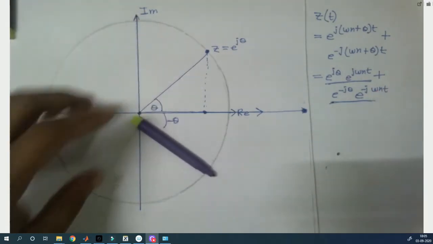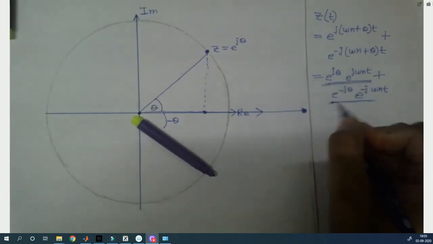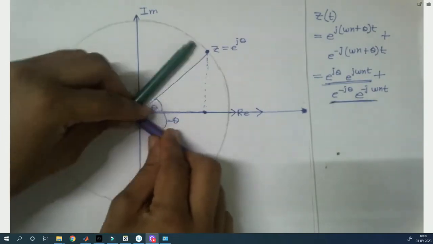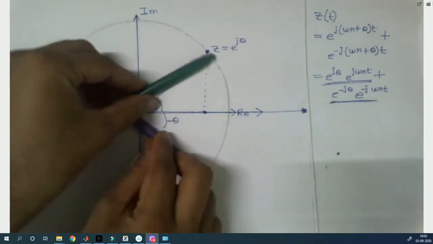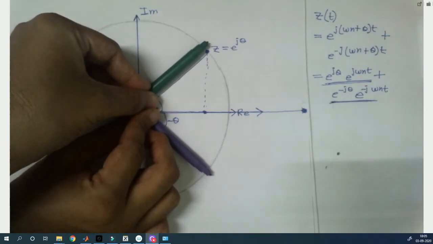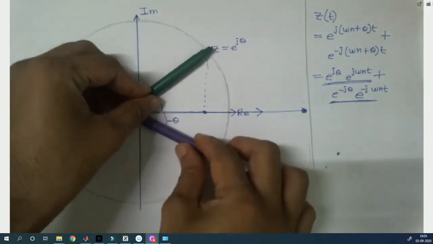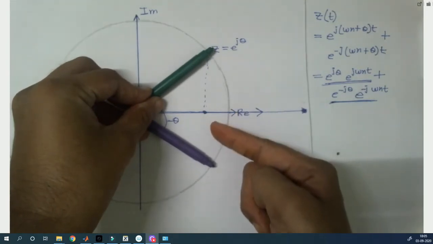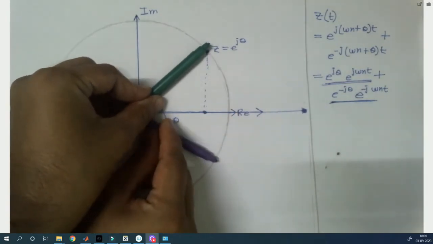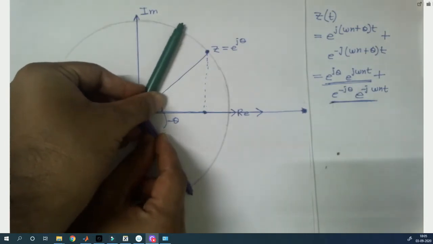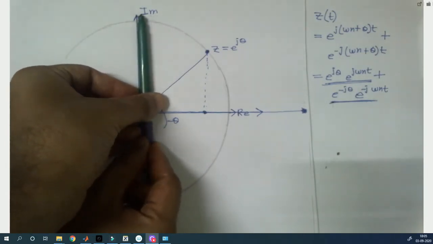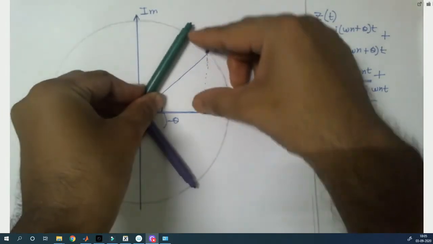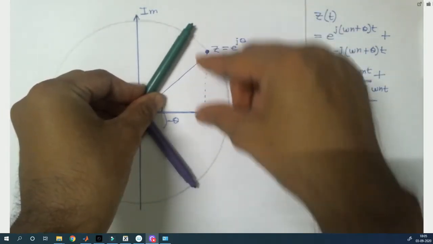So therefore this and this together, let me show them with 2 pens. They start from this position, one at an angle of theta, another at an angle of minus theta, and from that position they will move in the opposite direction with the same angular velocity, and therefore at any point of time their imaginary parts are equal and opposite.